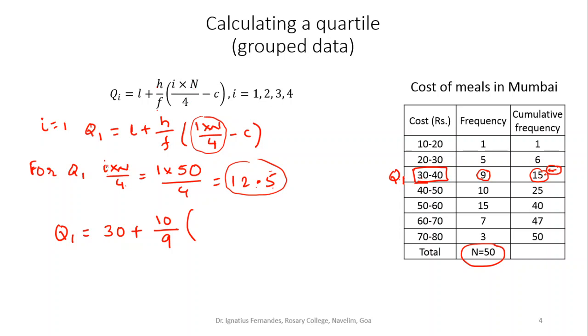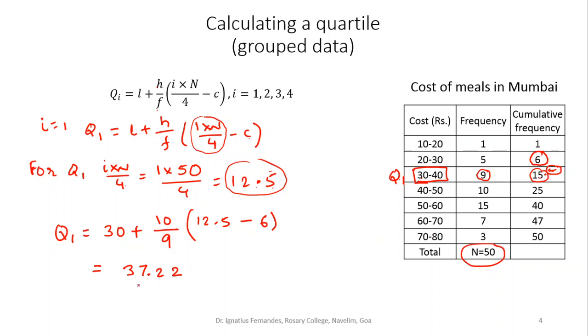I into N upon 4 you already found out, which is 12.5, minus C, the cumulative frequency of the preceding class, and that is 6. So you have to calculate this, and the value that you will get in this case is 37.2.